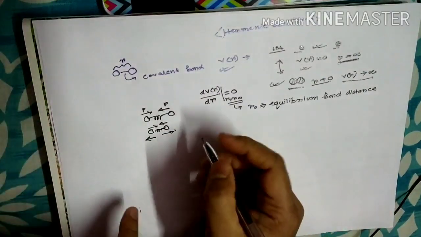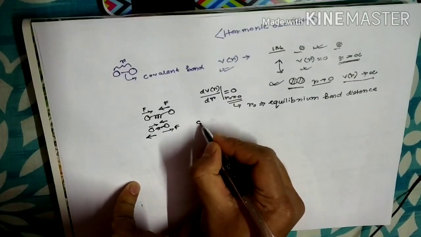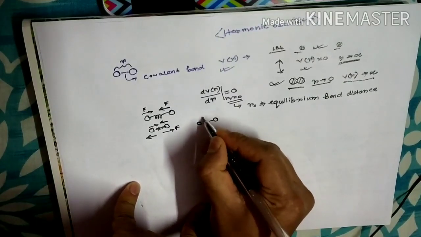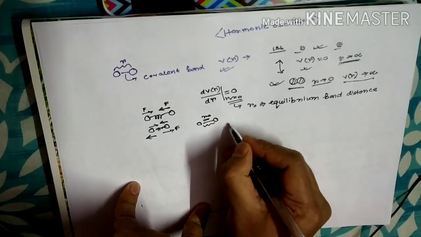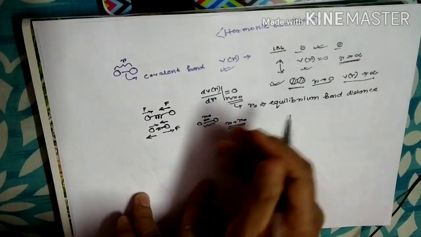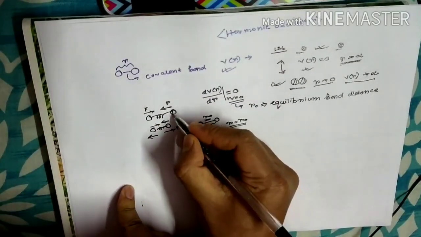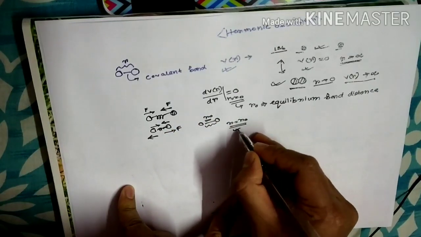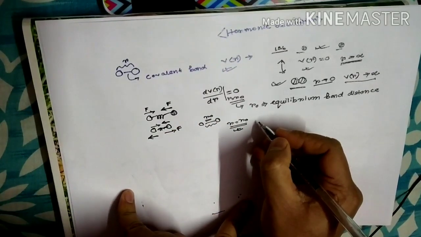So the force will always act so that the atoms eventually reach the equilibrium position where the distance between the atoms is r0. The force always acts in the direction opposite to the stretching of the bond. So this is the most relaxed situation for this type of diatomic molecular system.